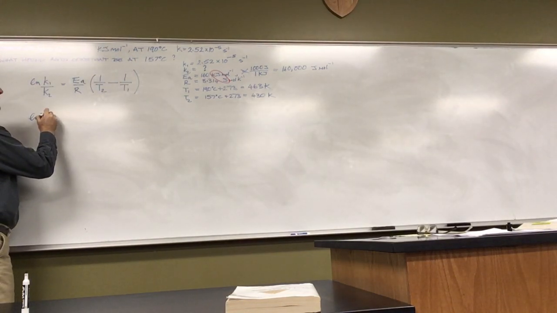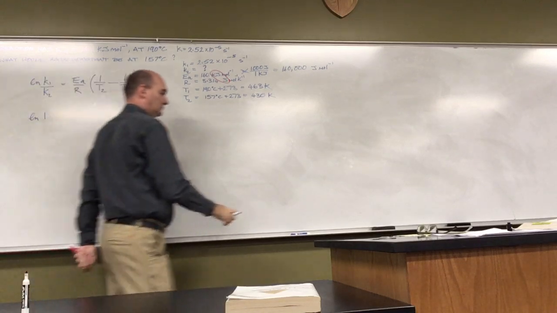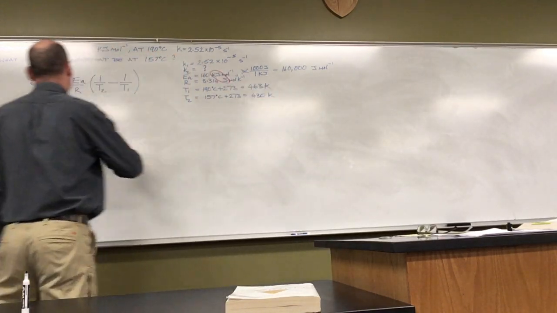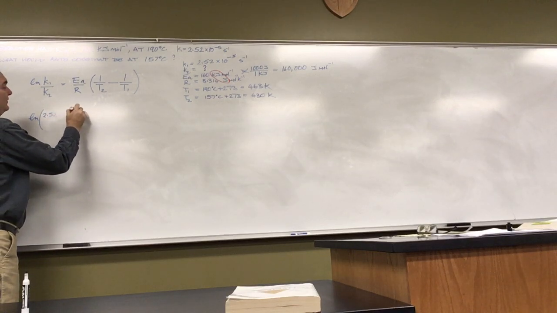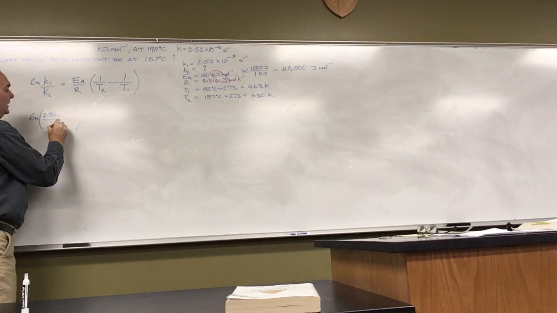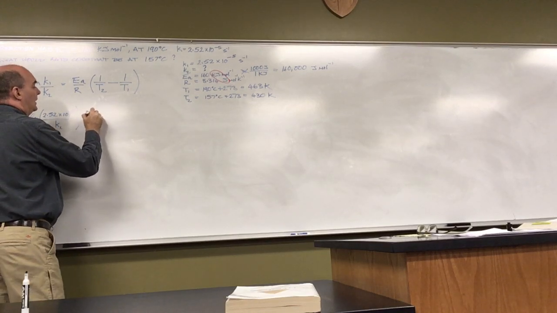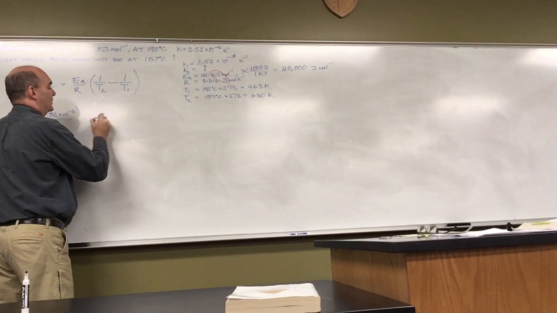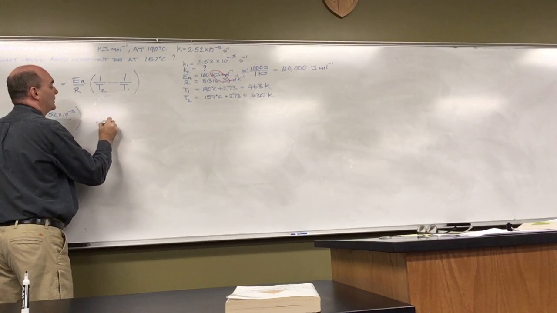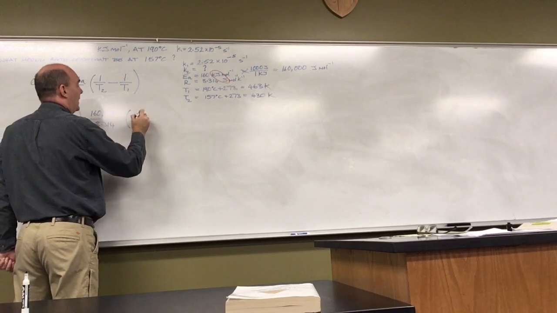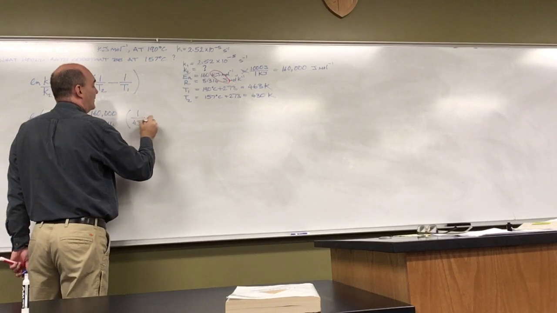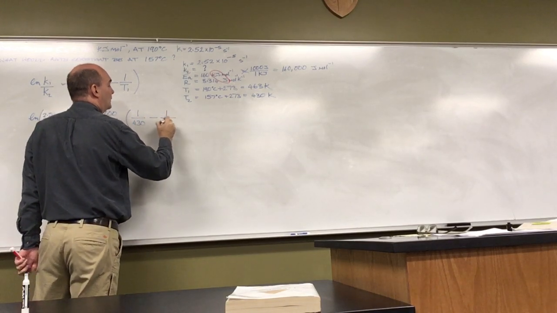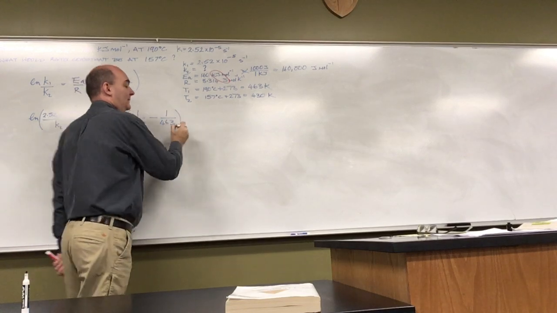Okay, ln of 2.52 times 10 to the -5 over K2 equals 160,000 divided by 8.314 times 1 over 430 minus 1 over 463.